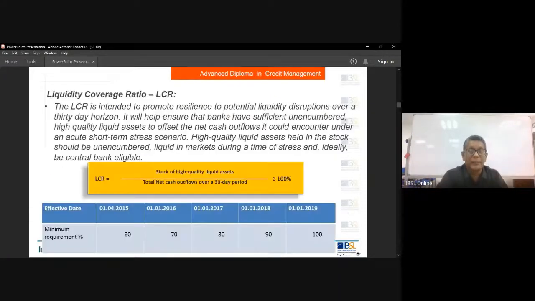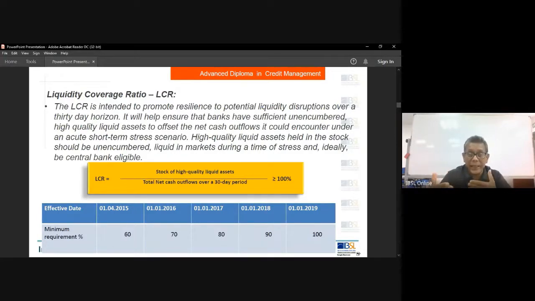One factor. Then you may have recently under Basel III, they introduced the further strengthening of the bank. They introduced the liquidity coverage ratio. Now, the liquidity coverage ratio is basically for a short term liquidity requirement to be maintained by the bank, right?